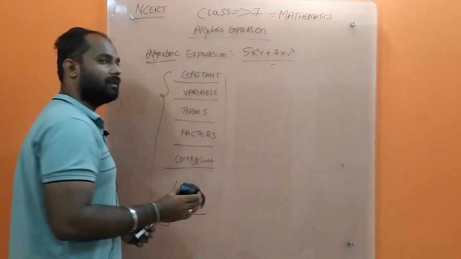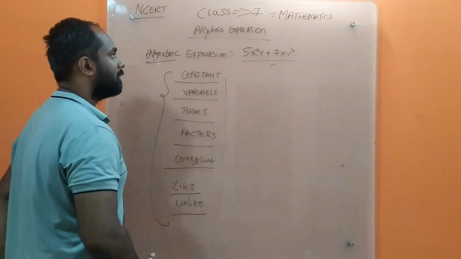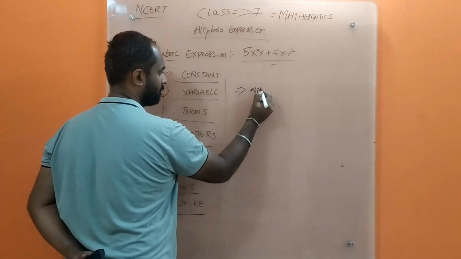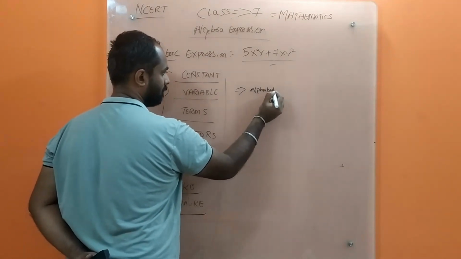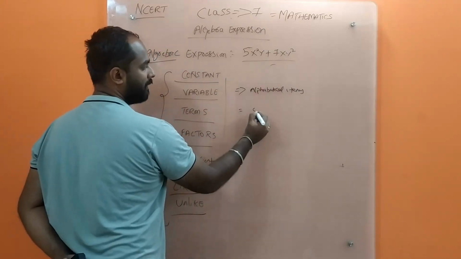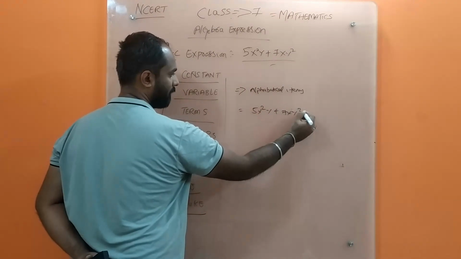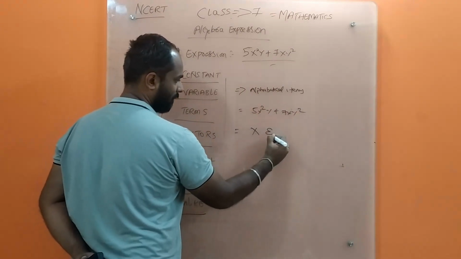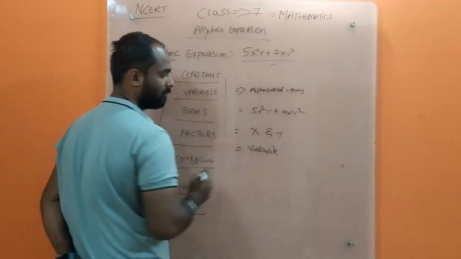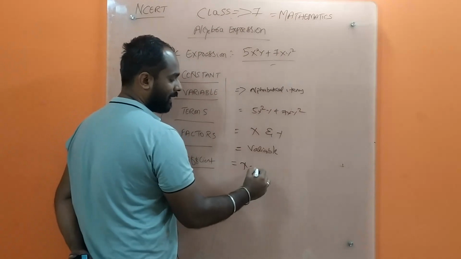The next item is variable. Variables can be termed as alphabetical items. Here in 5x square y plus 7x y square, x and y are the variable items, because for a variable we can assign any value.